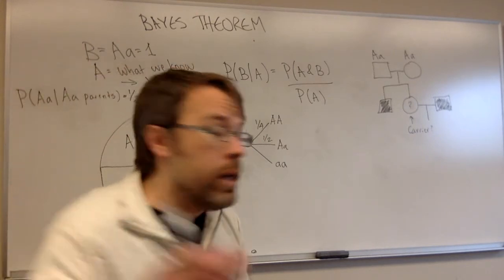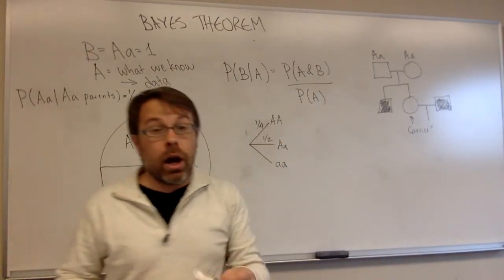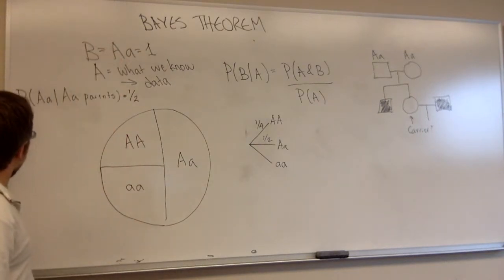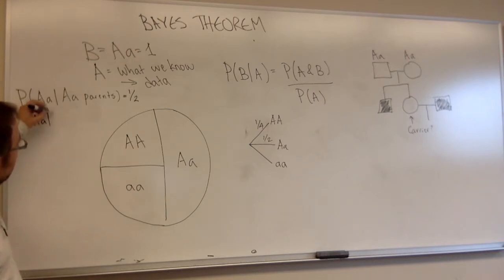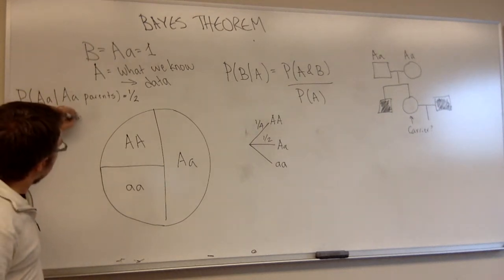Okay, so then the individual is born, we see their phenotype, and we see that they're unaffected. And so now we have the probability that the individual is big A little a, given that they have heterozygous parents and that they're unaffected.